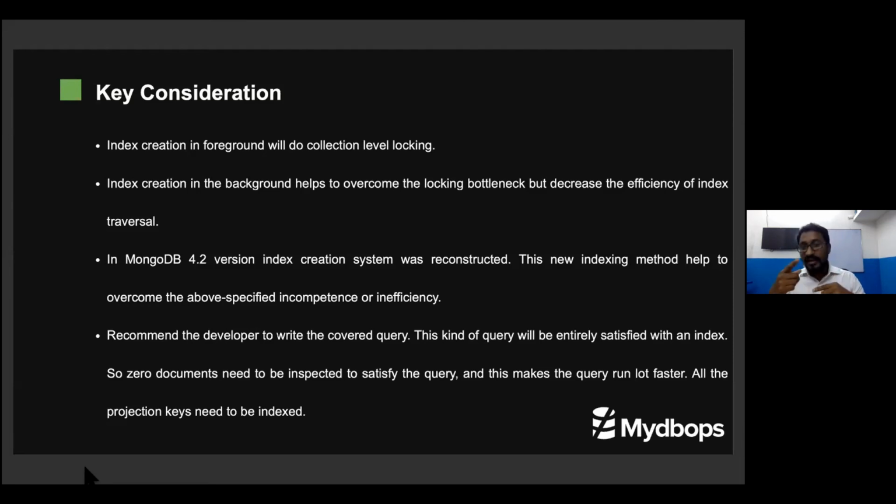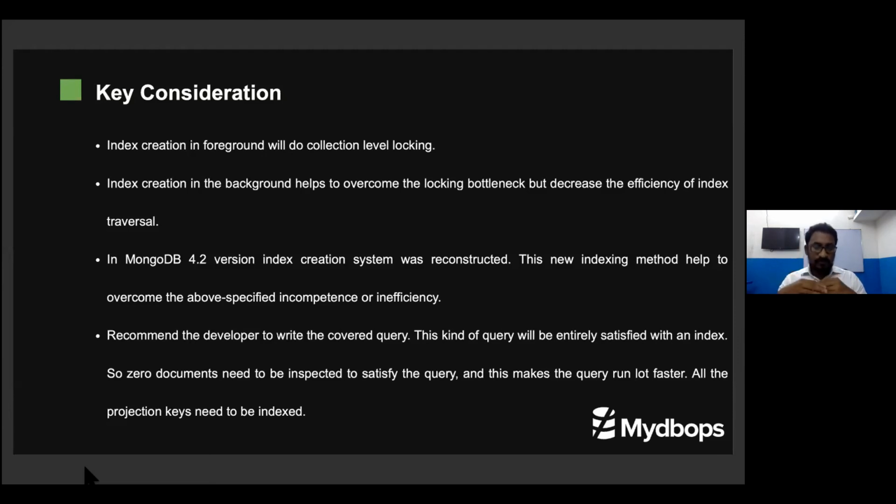When you are creating a foreground index, I know that collection-level locking will happen, I understand, but it is vice versa. If you can do collection locking, the index traversal will be much better than with background index creation. If you are doing background index creation, you will have some inefficiency in the index traversal.